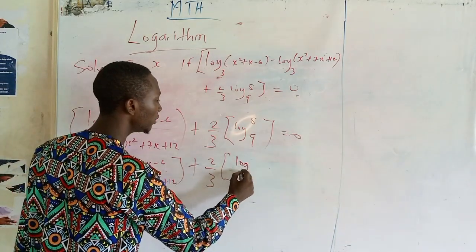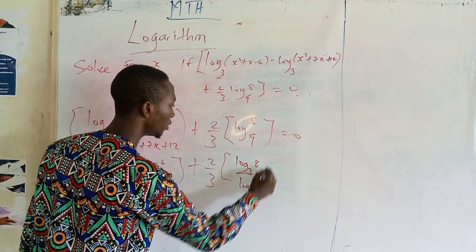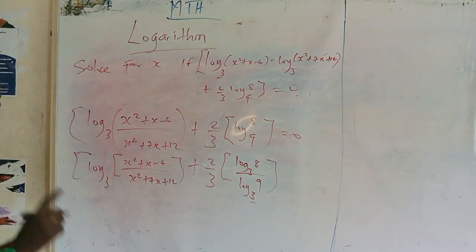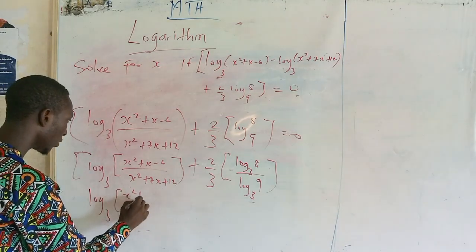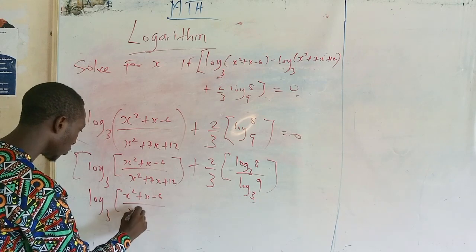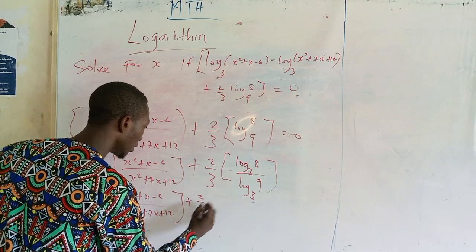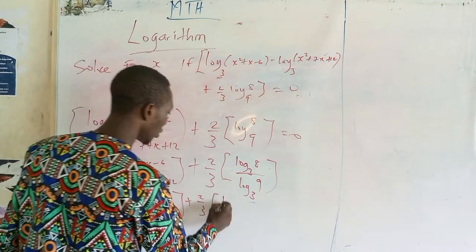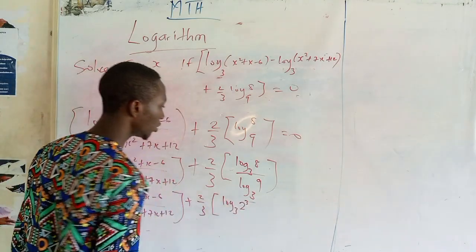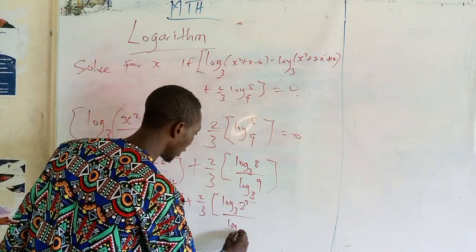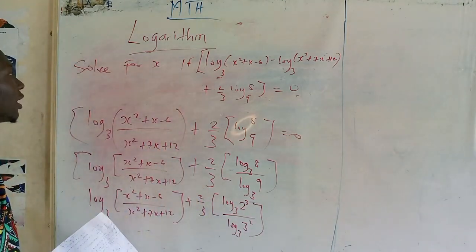So we can introduce base 3 for both log 8 and for the base 9. You can write it like this under the law of logarithm. We can write this in indices: 8 becomes 2 cubed and 9 becomes 3 squared. Are we together? Okay.